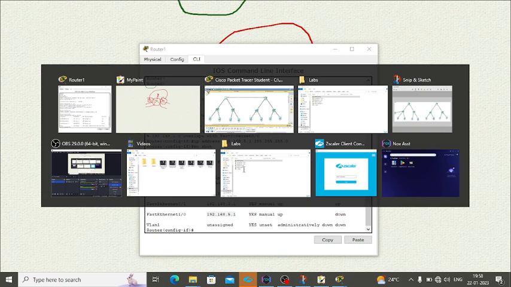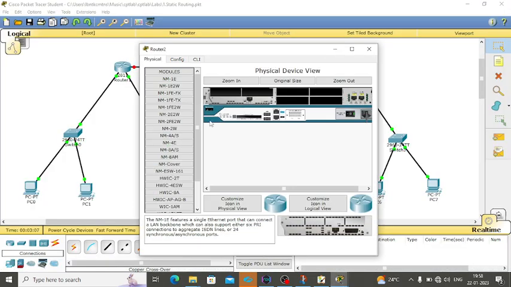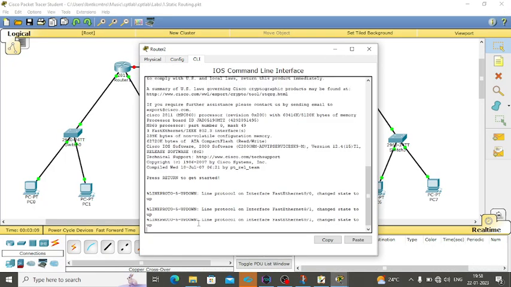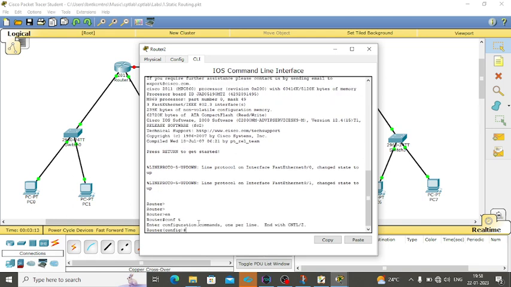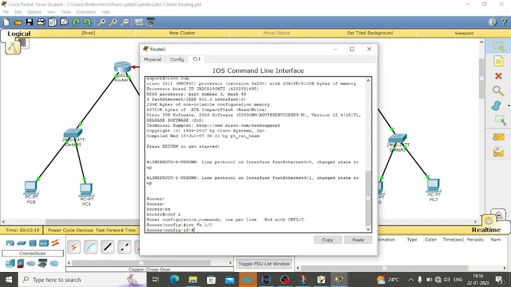So now I want to go to this interface. Enable, config, and then go to interface FastEthernet 1/0. Here it is 4/0, right? So IP address 192.168.5.2.